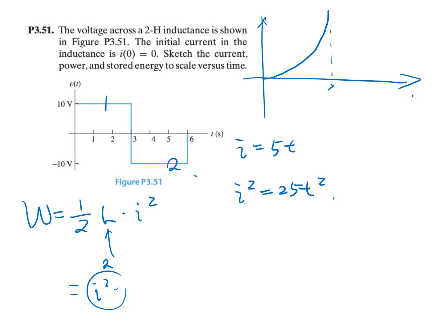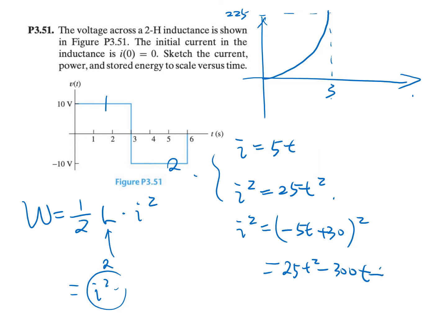This is 3, and the value is 225. Now, for the second stage, i squared is equal to negative 5t plus 30, and we have a square, so that's 25t squared minus 300t plus 900, and this is 6. So our graph would look like this.